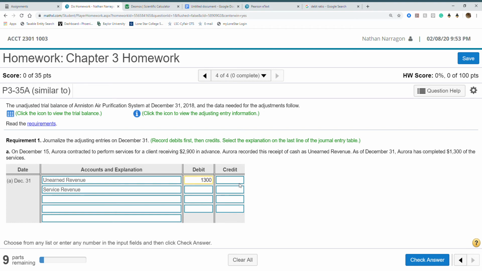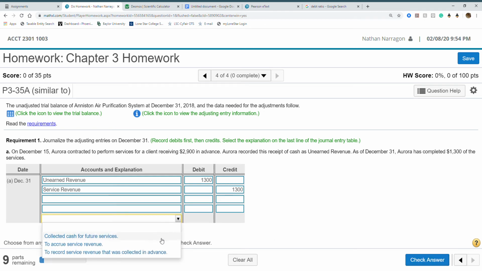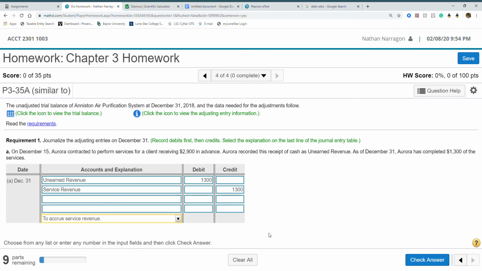So unearned has to go down, has to decrease, due to us no longer owing this liability because we performed our job. And then of course, always gotta put our explanation. So that's not accrued. There we go.